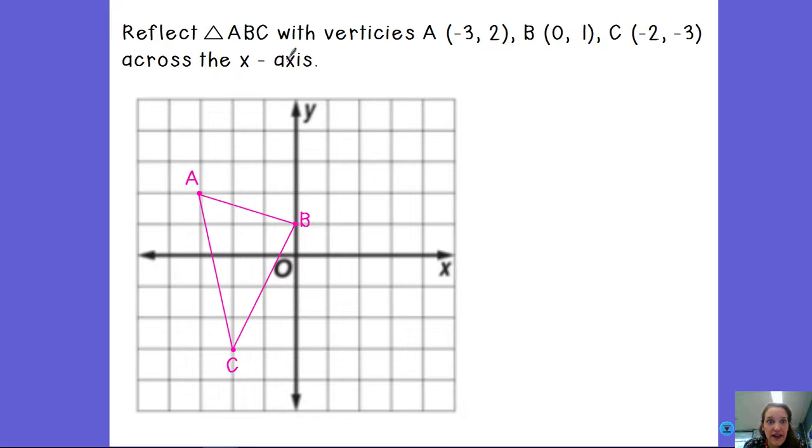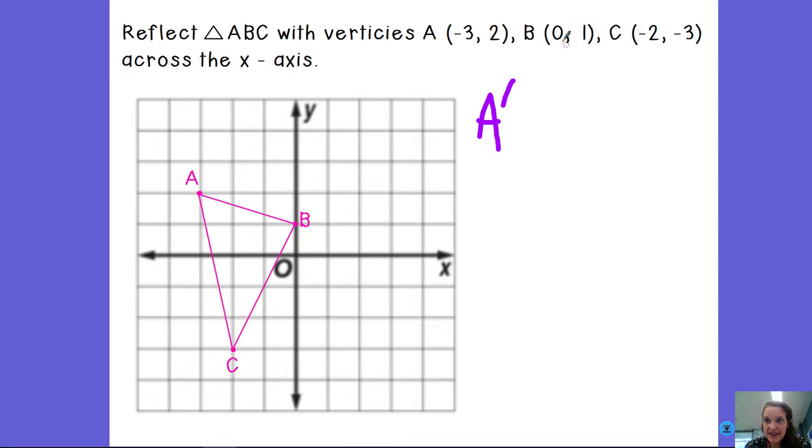So if we're going to reflect triangle ABC across the x-axis, I am going to take my point A, reflect it, and then I'm going to put a little tick mark on the coordinate to tell me that that is the new point.